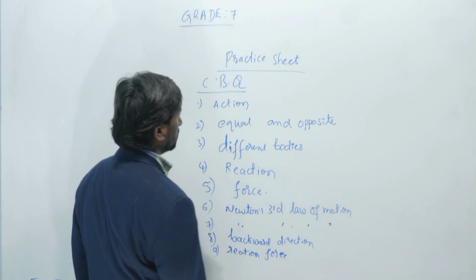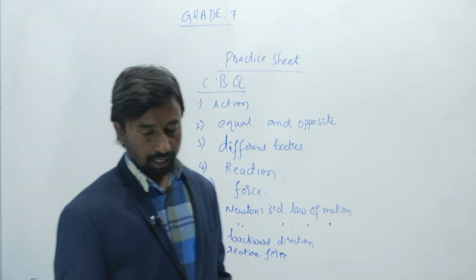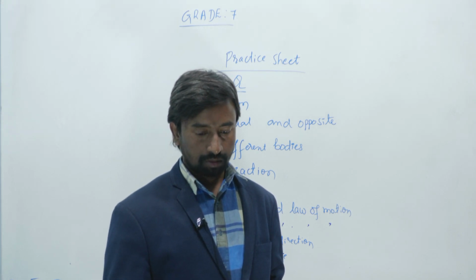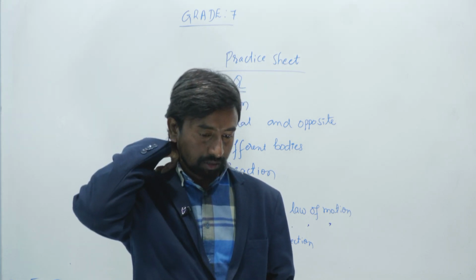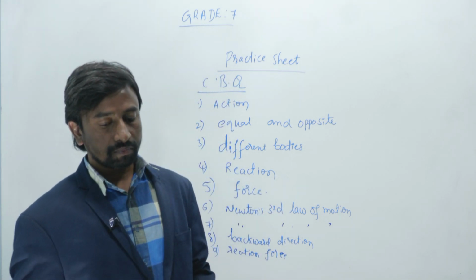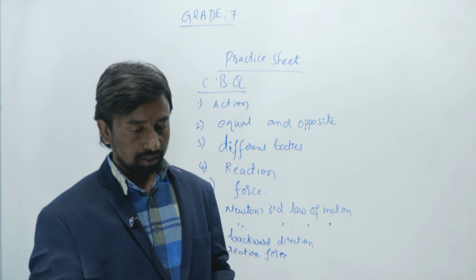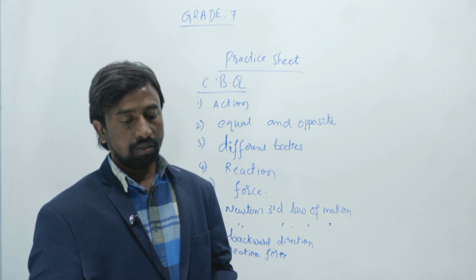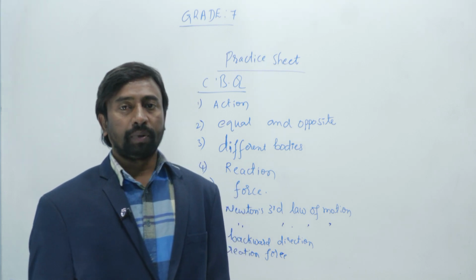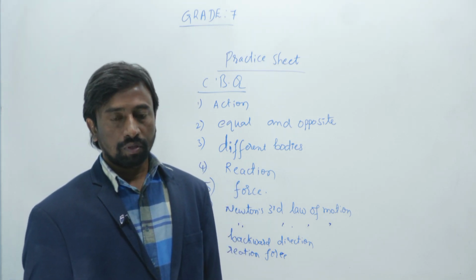So this is about the concept-based questions, and now we'll see the conceptual questions, the exercise problems. A runner covers more distance on land than the swimmer in the water because of... the sand will apply the lesser reaction.